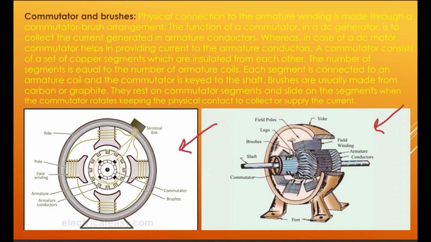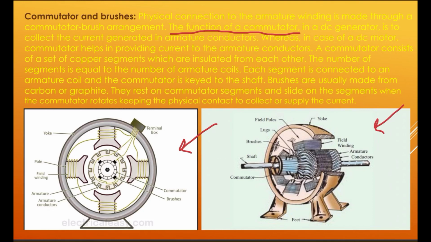Physical connections to the armature winding are made through a commutator-brush arrangement. The function of the commutator in a DC generator is to collect the current generated in the armature conductors, whereas in the case of a DC motor, the commutator helps in providing current to the armature conductors.